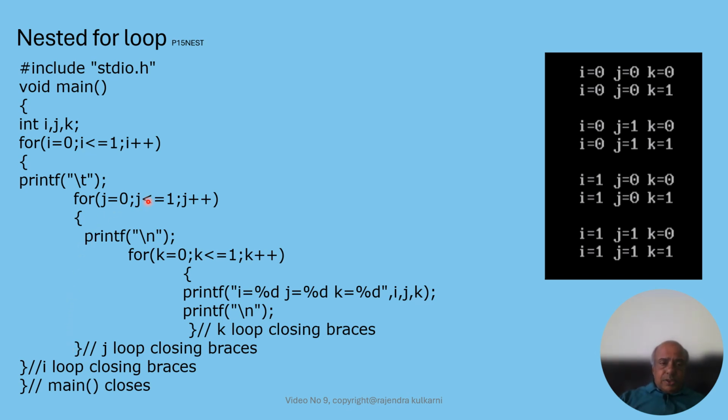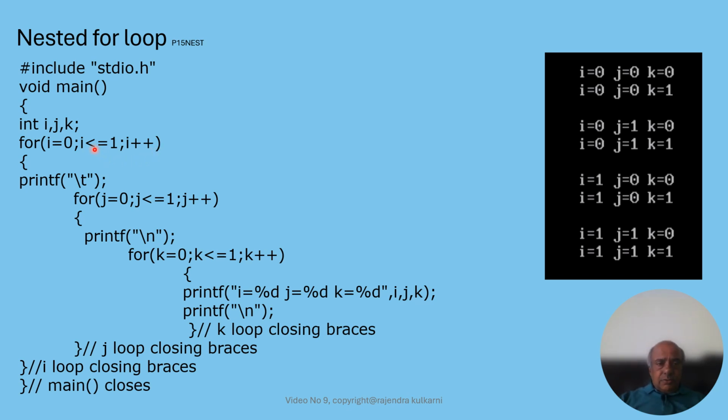Then for j is equal to 1 it starts executing. When the j loop ends, its closing brace is reached. There is a closing brace of i, so program control goes back to the i loop. There, since i was earlier 0, now it will be incremented to 1.